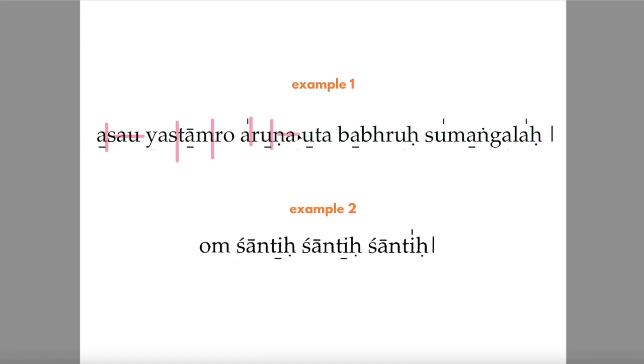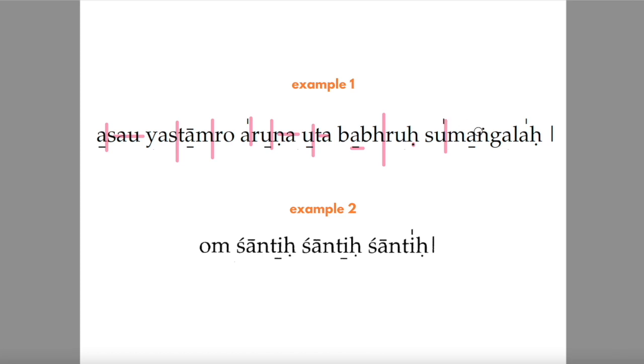So, yes, tam, ro, ru, na, u low, ta middle. Bab going low, ru. In this particular case, there is a visarga. The next letter we look at is an S sound. So babru becomes babrus.